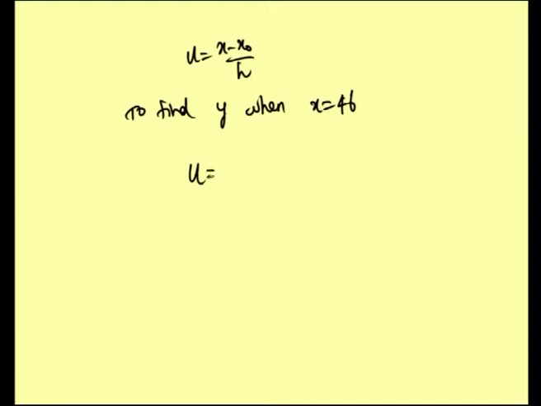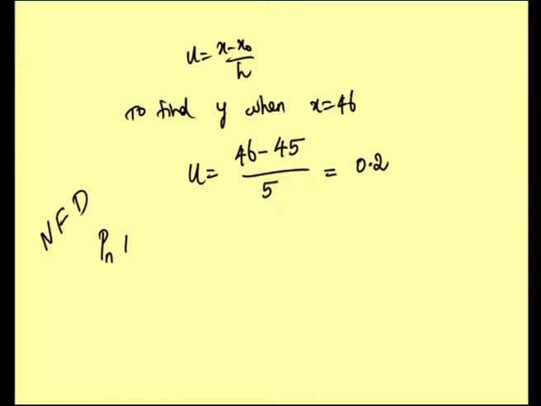So, u becomes 46 minus x naught, the first value, that is 45, and h difference is 5. So, u is equal to 1 by 5, that is 0.2. Okay. And we have all the other values as they are. So, we shall use Newton's forward difference formula.